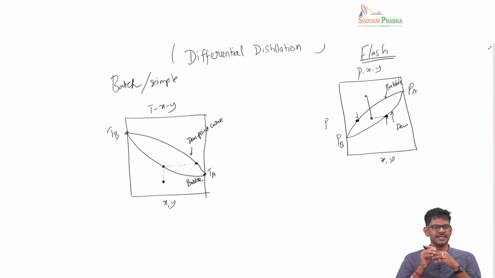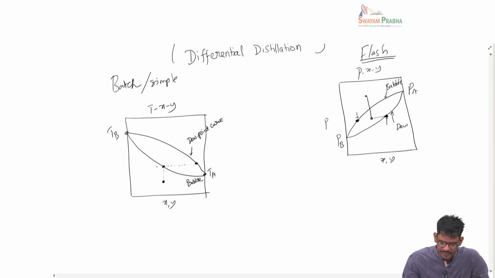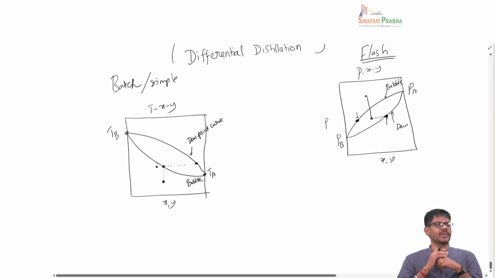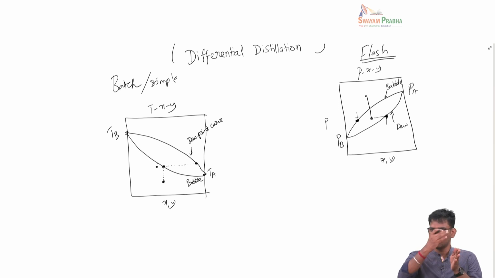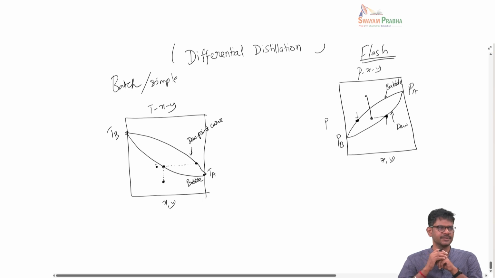What that means is the liquid phase composition would have become a little lesser than what it was at the bubble point. So I may think something like maybe here, since it is a pure liquid now and the composition is smaller in X because more A has gone into the vapor, so we are talking about this point.